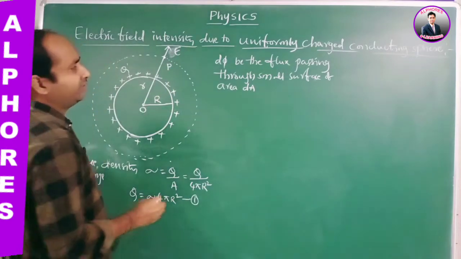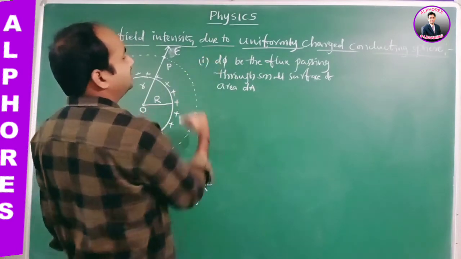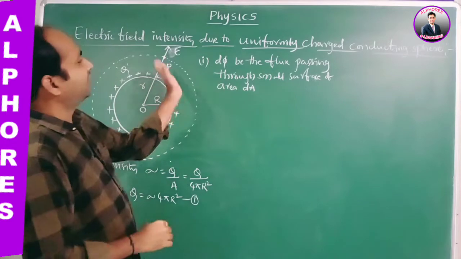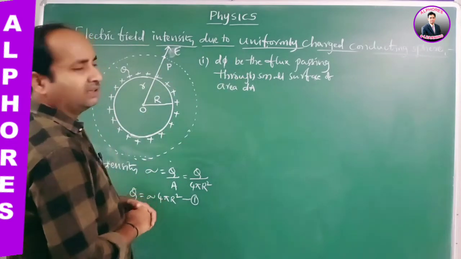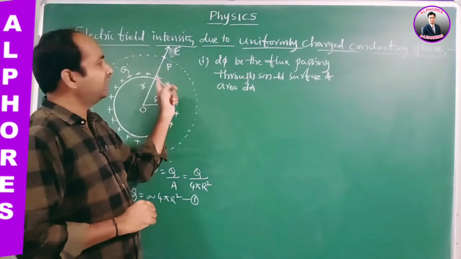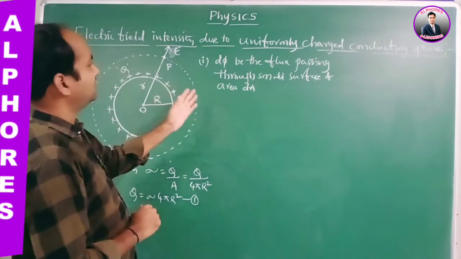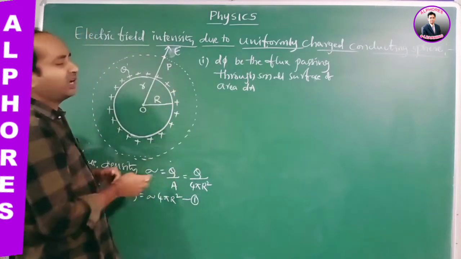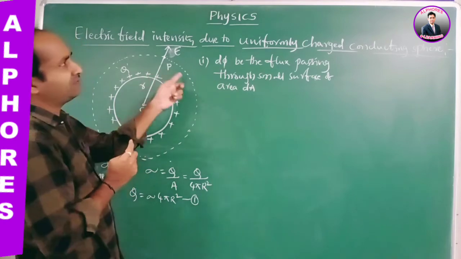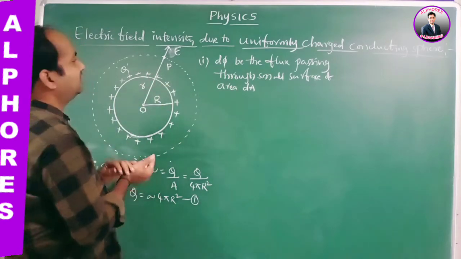Here we are calculating the intensity of the electric field at any point outside the spherical shell. So we are constructing a Gaussian surface in the form of a sphere.